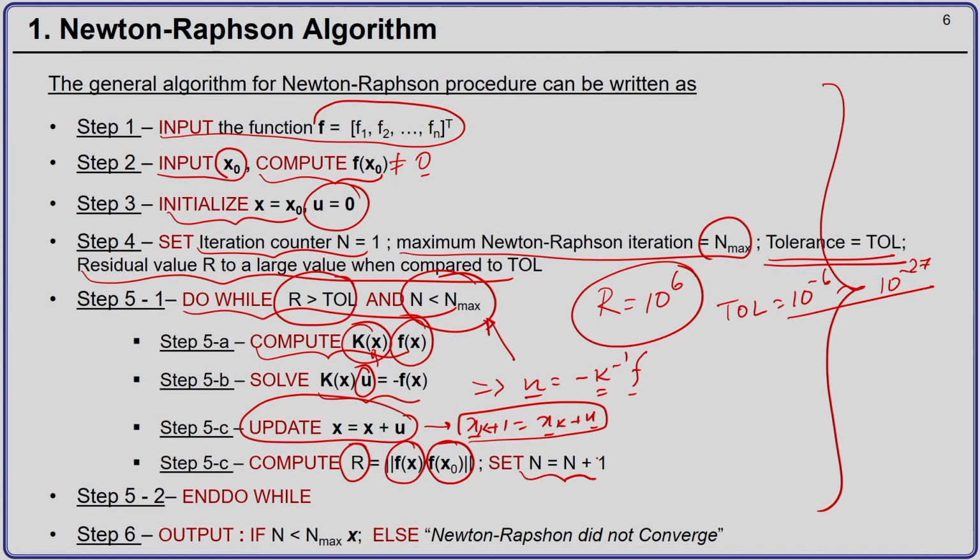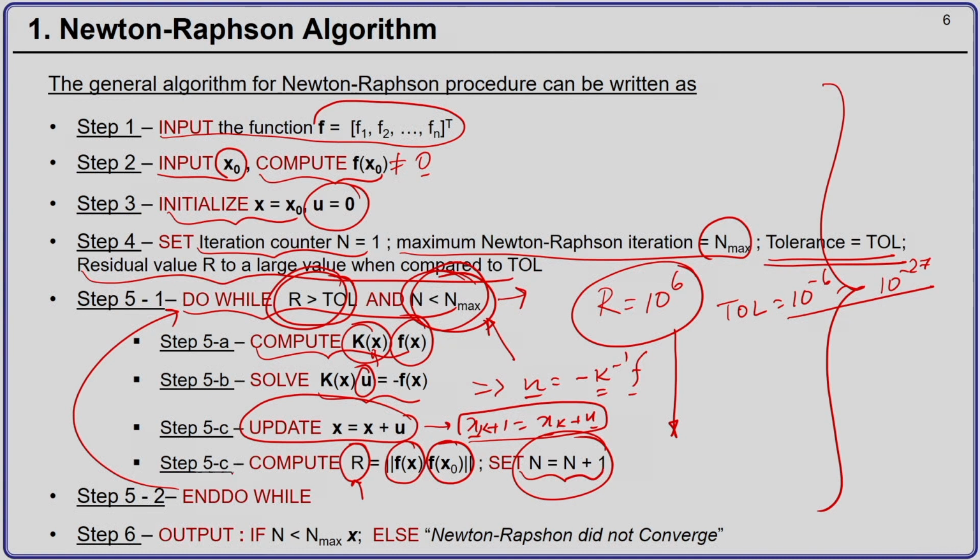And then we increment the total number of Newton-Raphson iterations by 1. Okay. And then we go back and check whether the r that we just now computed is more than the tolerance or less than the tolerance. If it is more than the tolerance value, and our n is less than n max, okay, then we repeat the Newton-Raphson step.